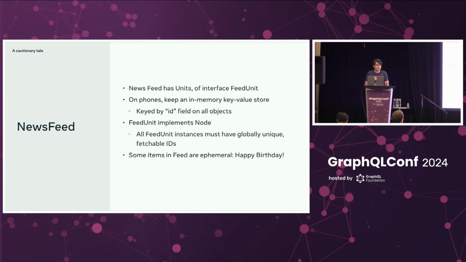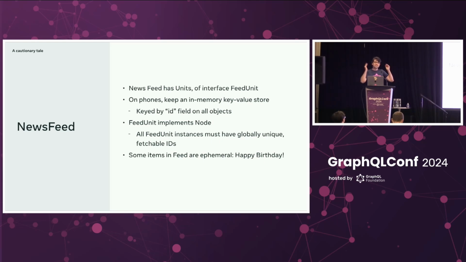But we found over time, some of the items in feed unit didn't really fit this model. Some of the things are like happy birthday, which is this one-time thing that we compute purely server-side when we know it's your birthday. We give you a feed unit that is customized to that specific time. It might use a random generator to describe the colors of the balloons or things like that.